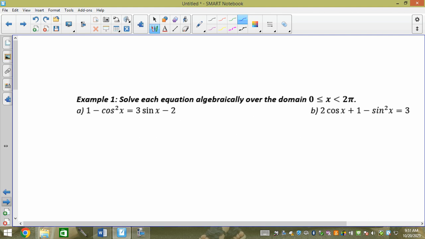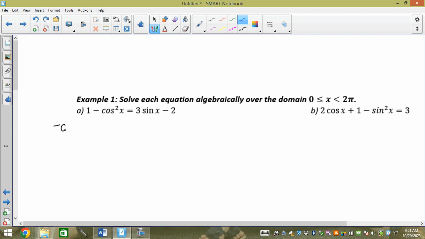So if I look here, it says solve each equation algebraically over the domain 0 is less than or equal to x is less than or equal to 2 pi. So 2 pi is not inclusive, 0 is inclusive, has to be in radians. Now, what is my problem here? I have cos squared, I have sine, I have a number, right? So could I move everything to the left? Sure.